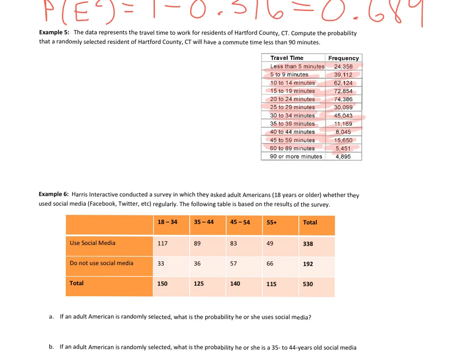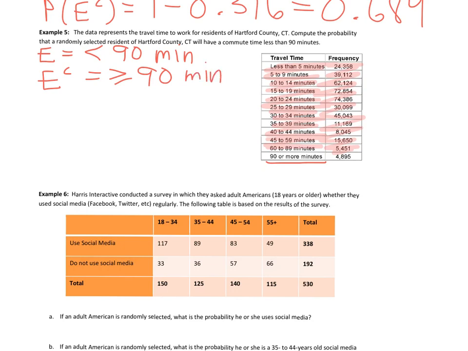All right, so this is what we're going to do. So we want, the event is the residents that have a commute time less than 90 minutes. I'm just going to write it like that. So what's left over? What would the complement be? Commute times that are greater than 90 or more minutes.